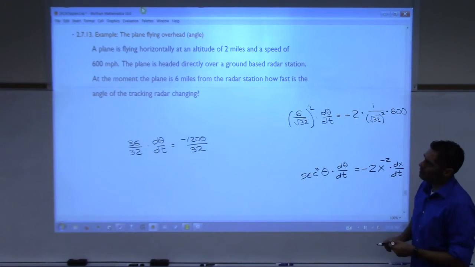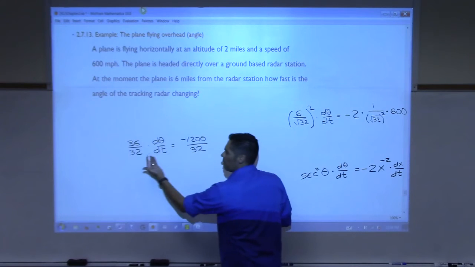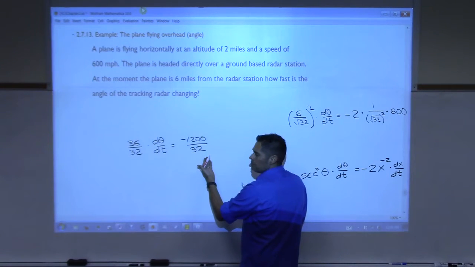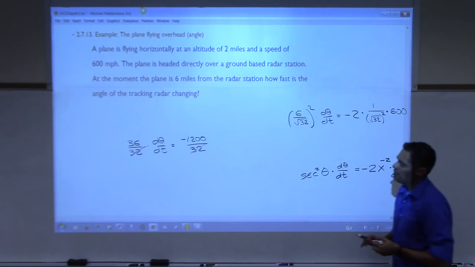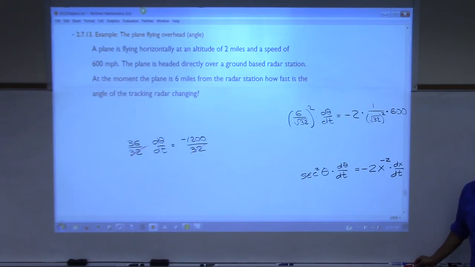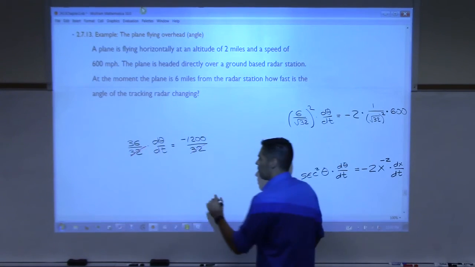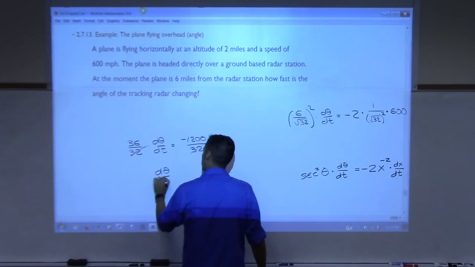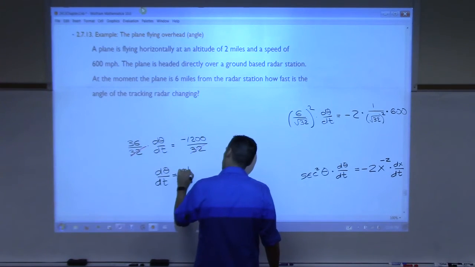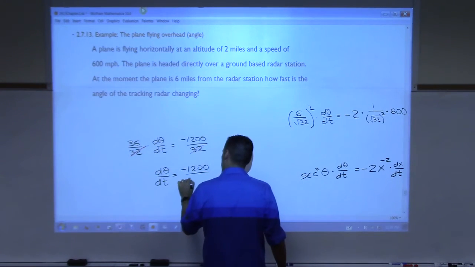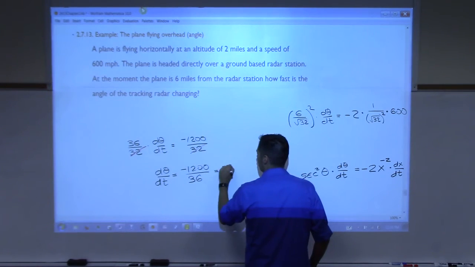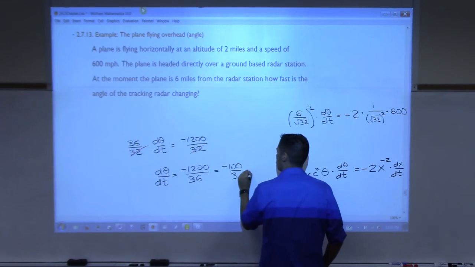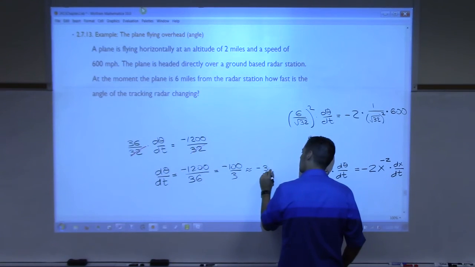I'm noticing here that I have 32 on the bottom on both sides. So I can multiply both sides by 32 and they'd be gone, wouldn't they? And then to get d theta dt, I'm just going to divide by 36. So somebody please on their calculator, get me negative 1200 over 36. It's negative 100 over 3, which is approximately negative 33.